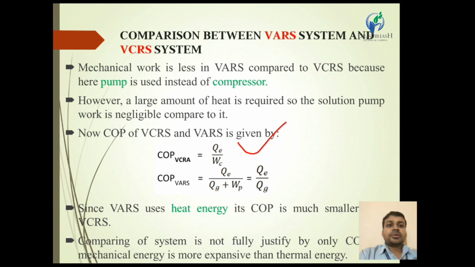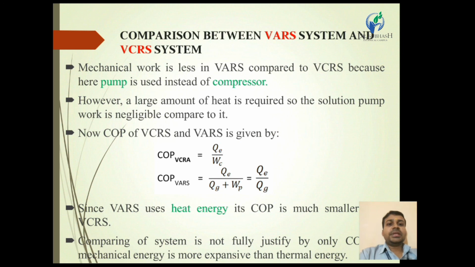For the COP of the VAR system, it is QE, the heat absorbed by the evaporator, divided by the heat supplied by the generator and the work of the pump. Combining, we can say the pump work is very low and we neglect the pump work. Then the final equation is the heat absorbed by the evaporator divided by the heat supplied to the generator.